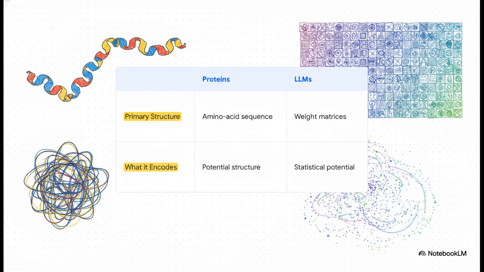And here it is. The LLM's genetic code isn't the giant library of text it was trained on. Nope, it's the gigantic matrix of weights it learned from that text. And think about it. Just like a string of amino acids doesn't actually contain a 3D shape, an LLM's weights don't contain sentences. Both of them just hold the potential, the rules and constraints for what kind of structure can eventually emerge.